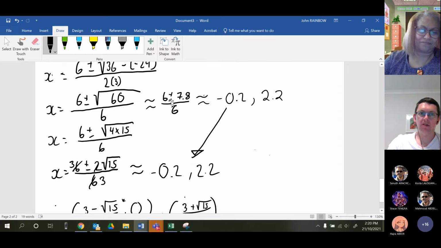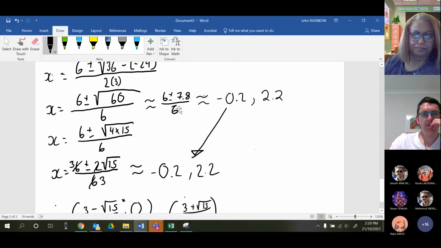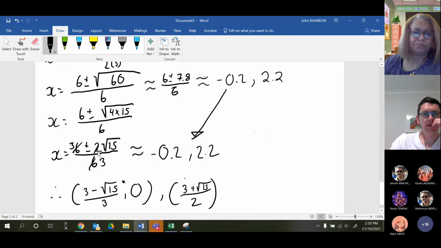6 plus or minus root 60 is going to be 7.8. So that's going to be like 12. Sorry, I'm just trying to see what I've done here. That's going to be 2 point something for sure. Yeah. So where did I go wrong? 2 is out.